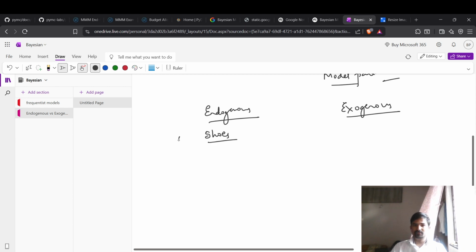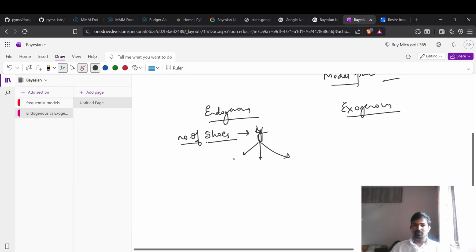Let's take the number of shoes sold as the target variable. Now, what are the variables that are affecting the sales of shoes? There could be a lot of features.